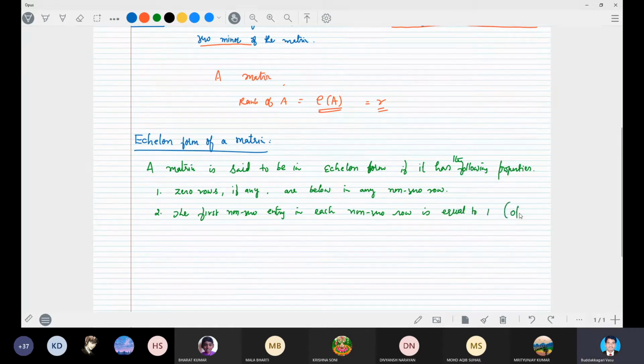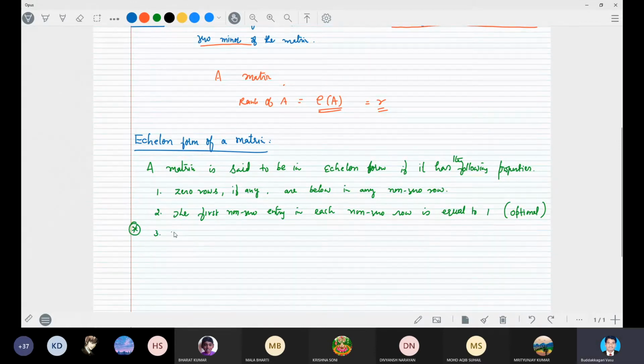This is optional. This property is optional. You may consider it or not; that is your option. Okay. Third point. This third is the only important one, but you understand that one.